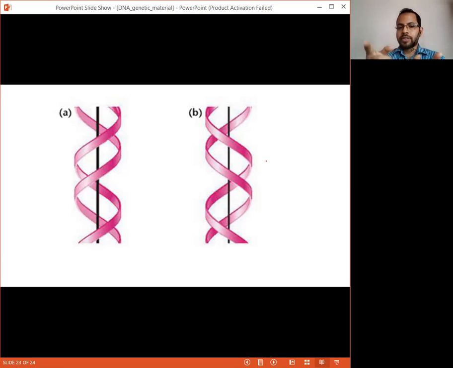you will get that the helix is in left-hand orientation. Now your job is to find out from these two diagrams which one is a right-handed helix and which one is a left-handed helix, because DNA can be in either form, left-handed or right-handed. So you try to find that out. And for that, you need to consider this line. This is very interesting. Look carefully that this axis does not touch this.